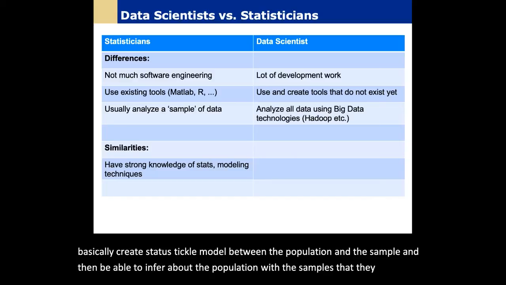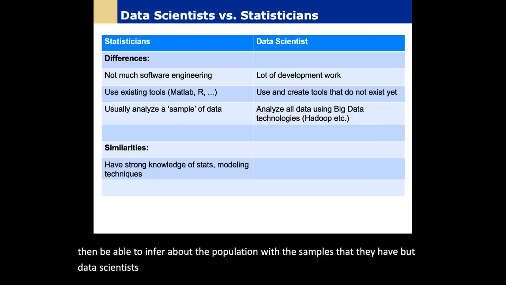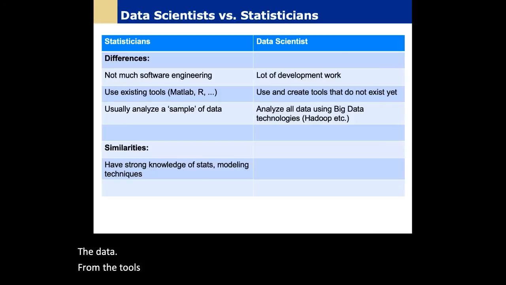But data scientists look at the data and the development work that revolves around the data. From the tools standpoint, statisticians use MATLAB, R, SAS Studio, and languages like that.